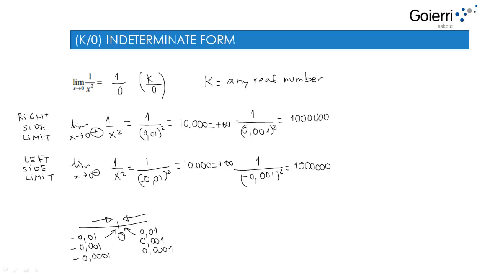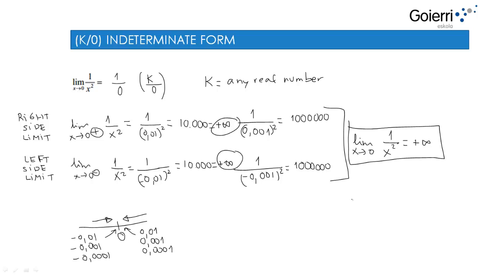The two-sided limits have the same value. So the result for our limit, the limit as x approaches 0 of 1 over x squared, will be positive infinity. So remember to write this down in your notebooks, because this is the solution for the limit.